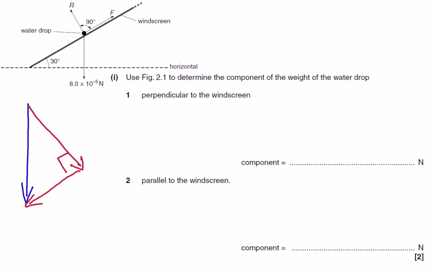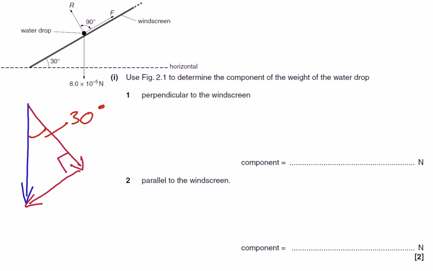And as with all of these kind of questions, the trick is to realise which of these two is the angle that is given. So this here is the 30 degrees. Which one of these two angles here is the 30 degrees? It is that angle there. So there's my 30 degrees. How can I tell that?